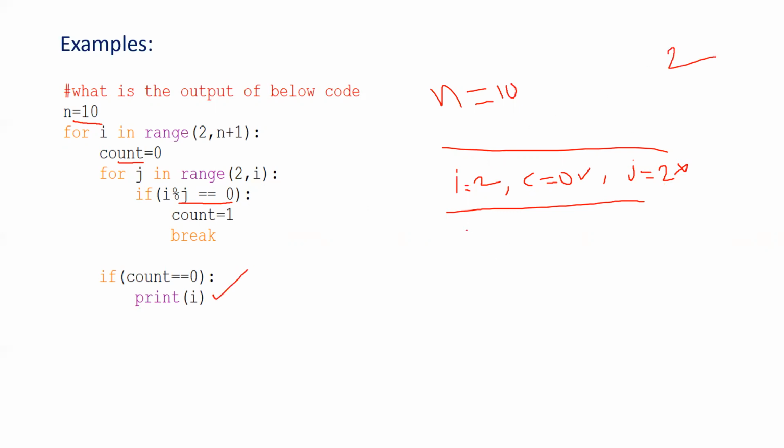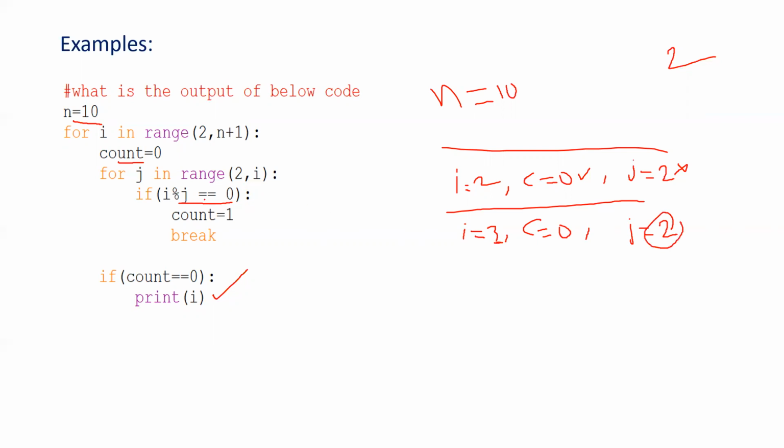Now let's look at the second iteration. In that case, i will be 3. Now count will be 0, right? i value will be 3 and count will be 0 again. For j in range 2 comma i, which means take the value starting from 2 and less than i, which is only 2. 2 less than 3, yes.